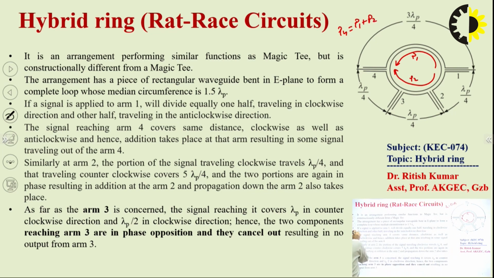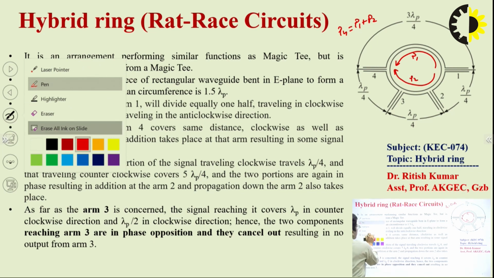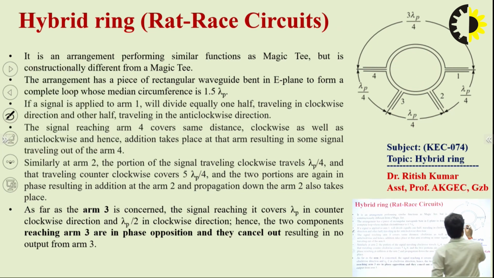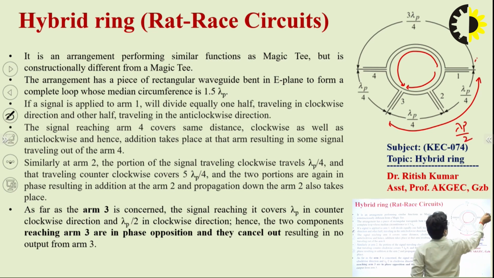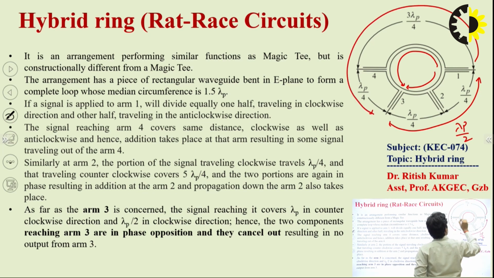What will happen at port number 3? Again, this is the first path and this one is the second path. The total path traveled by the RF signal is lambda p by 2 for one, and for the other case it would be lambda p.